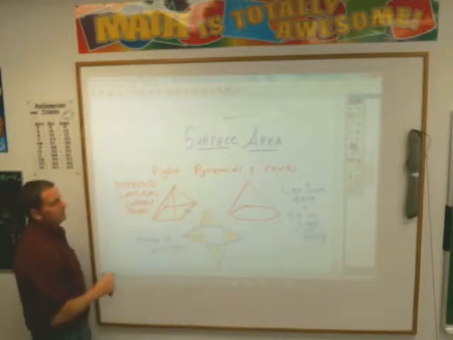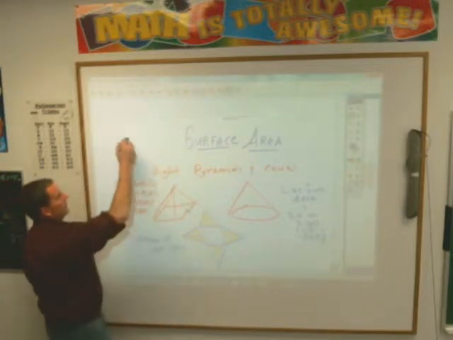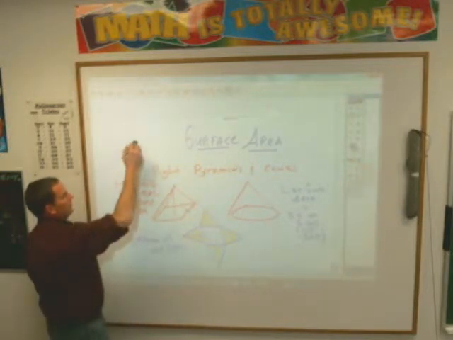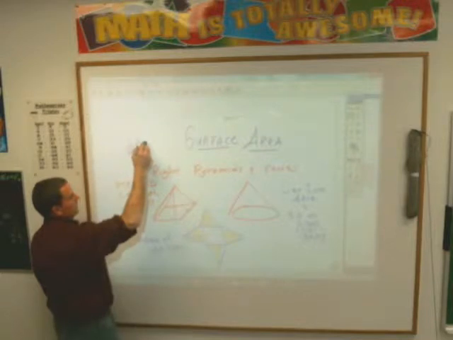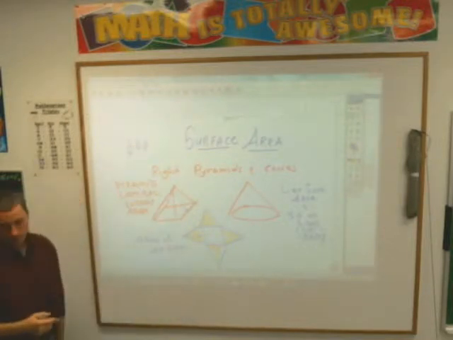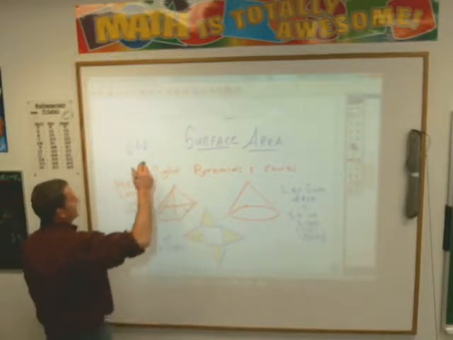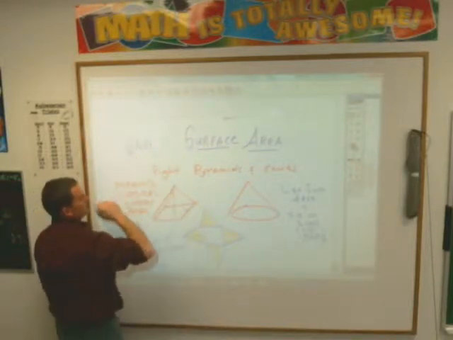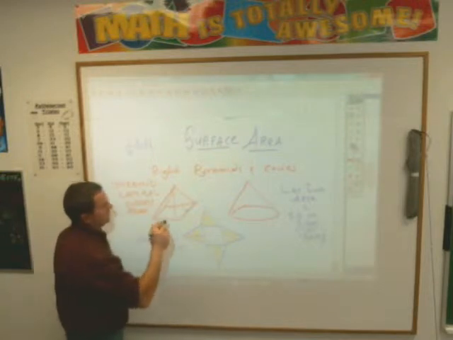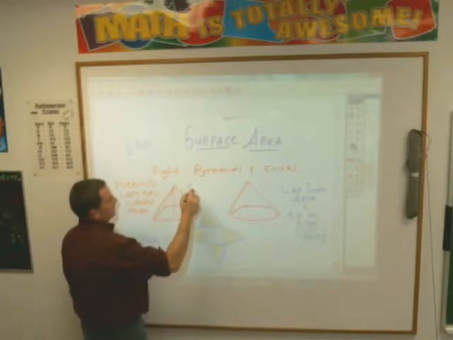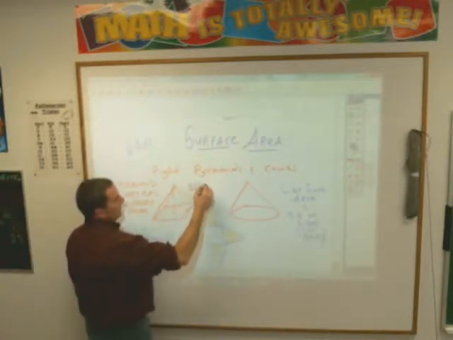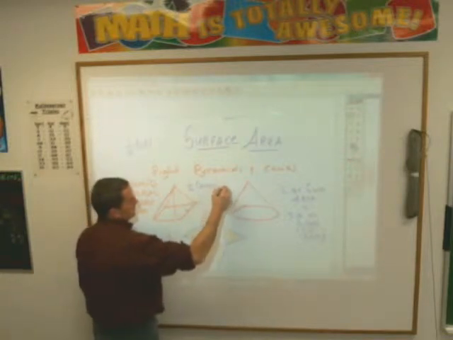So, you need to take 1/2 of the base times the slant height. So say the perimeter of the base times the slant height. Okay, maybe I should write that out. 1/2 of the base times the slant height.